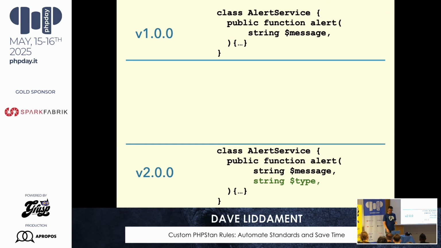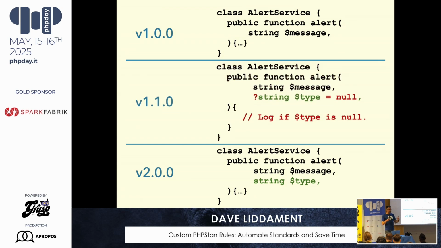Now, what we could do is we could release an intermediate release, and this is actually what Symfony does. So let's say version 1.1 is the last minor version of 1. And what we can do is we can modify the alert service in such a way that it's compatible with the version 1 version and also the version 2 version.